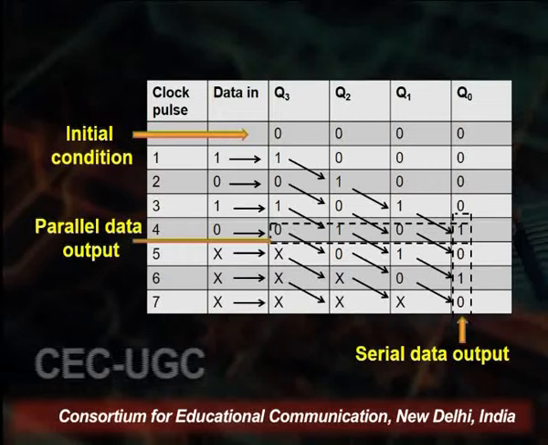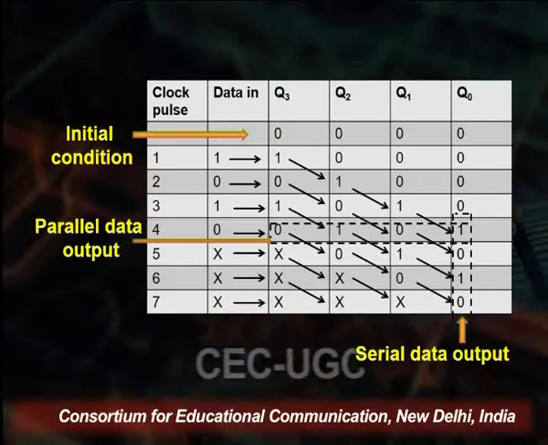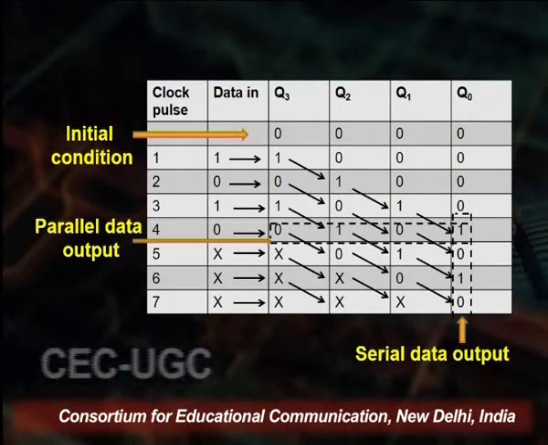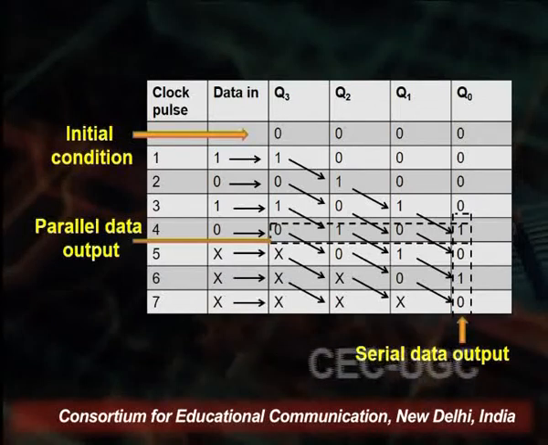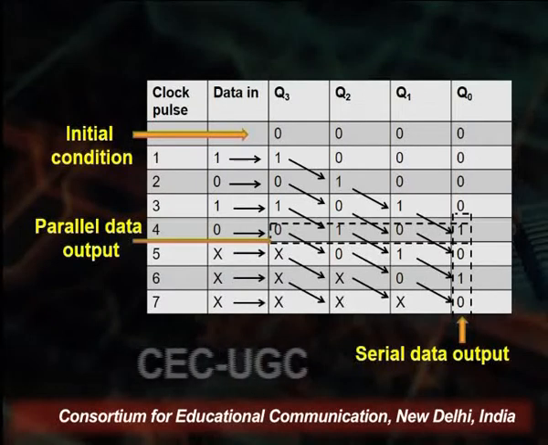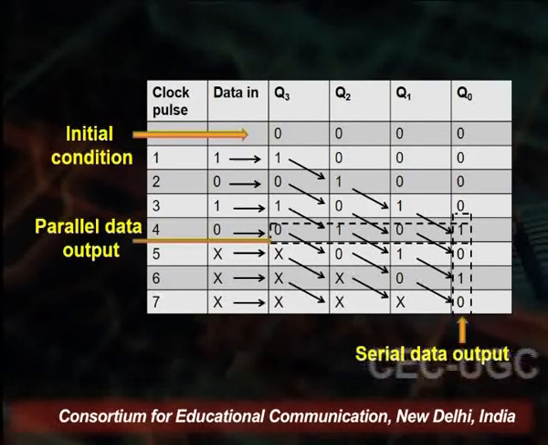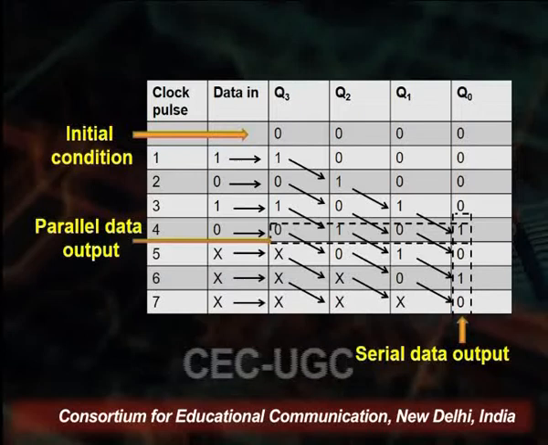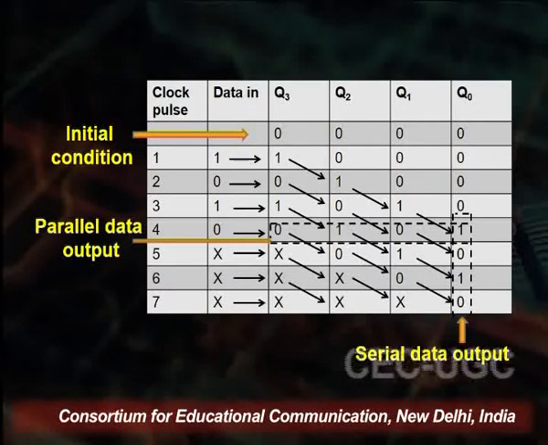Let's concentrate again. We are feeding in data 0101 in a serial manner starting from the LSB. That means we should be making data 1 available at the input of the first flip-flop F1. Hence, after the first clock pulse, we would have the output of F1 as 1.